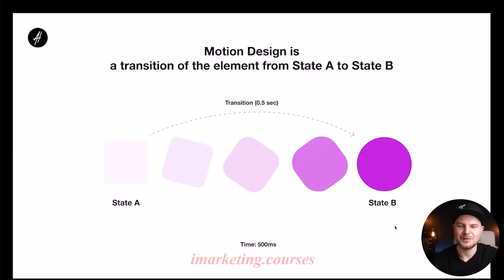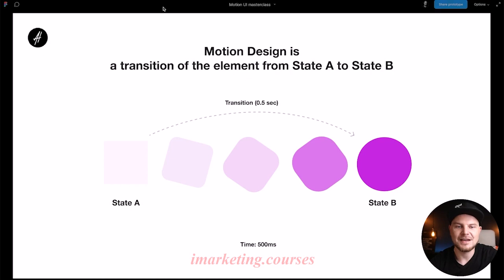Let me give you an example. We have state A, which is a square, and we have state B, which is a circle. And then we have the transition from state A to state B, the animation itself. This is what motion design is, the transition from state A to state B. And this transition is happening with time.